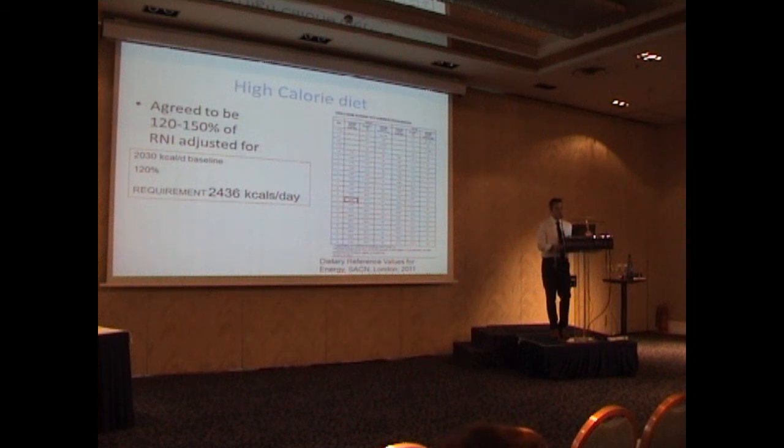And we need to be achieving this calorie intake. And the reason for that is that we have a constant battle. We need to provide sufficient calories because we're fighting malabsorption and we're fighting an increased energy expenditure. So it's very important that we provide sufficient calories to make sure we gain weight.